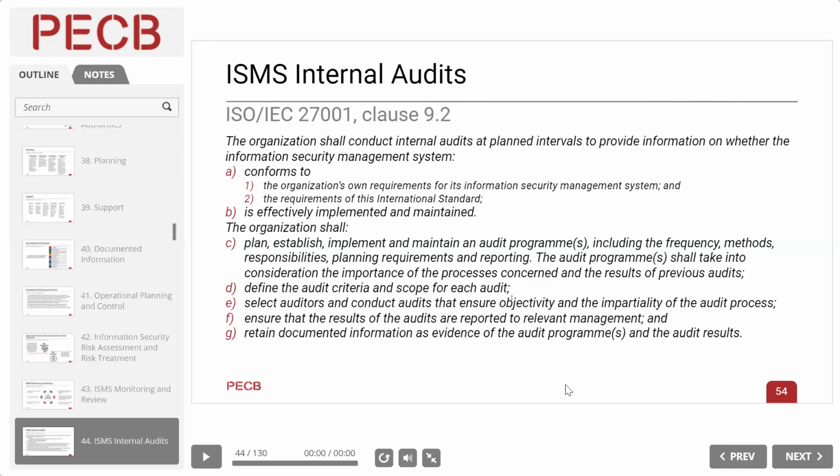The audit criteria in this is the various control objectives and the policy documents. So we audit based on the policy documents and the process documents that have been established.